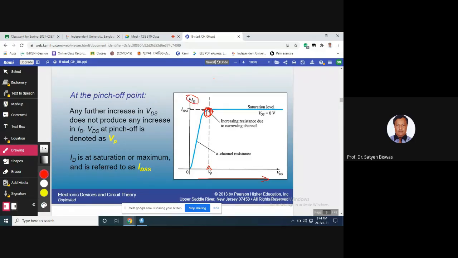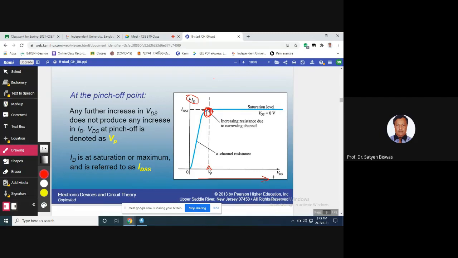At this point the ID becomes fixed, a constant value, almost constant, with sometimes a little bit of fluctuation. But we can consider it a constant current, and that is represented by IDSS, the drain current for saturation. There are double S for saturation.